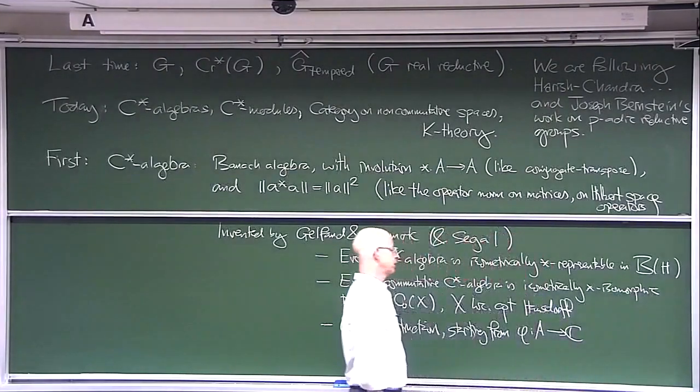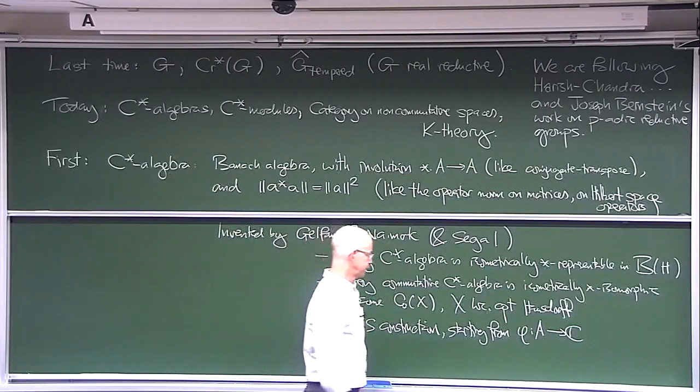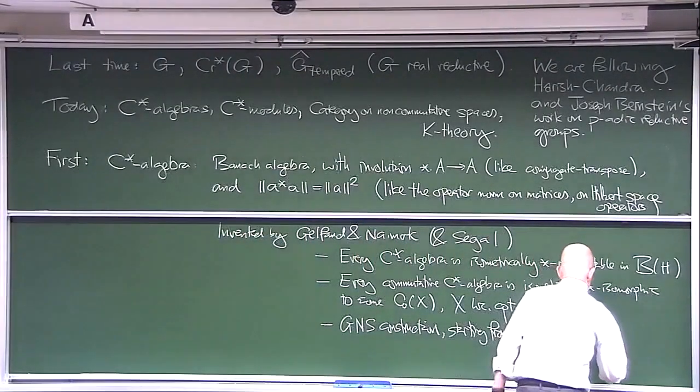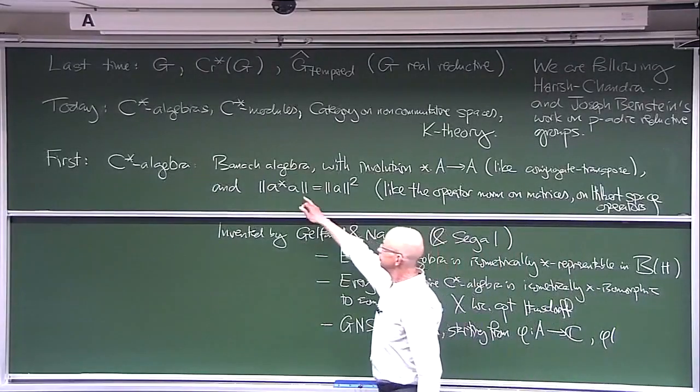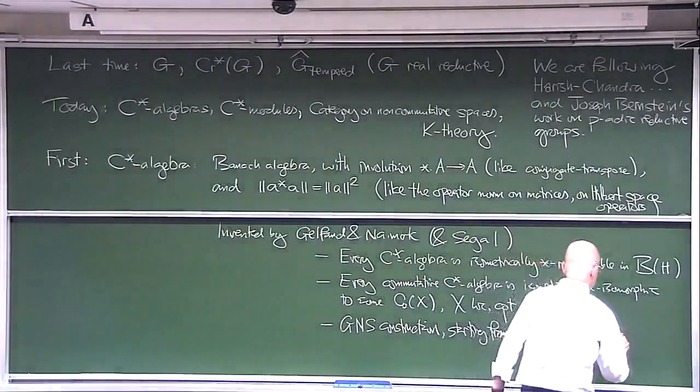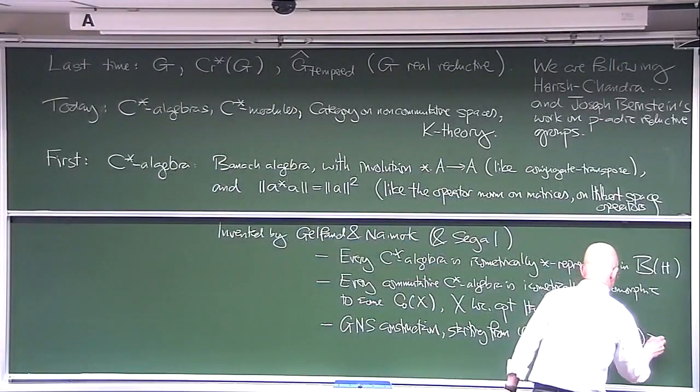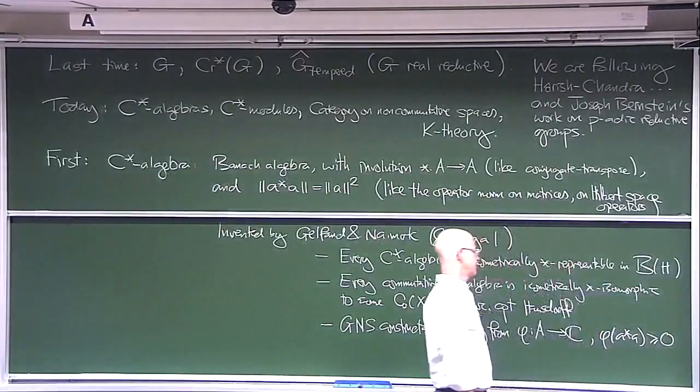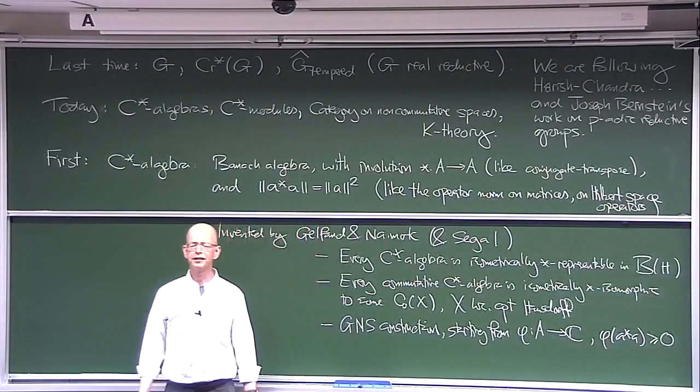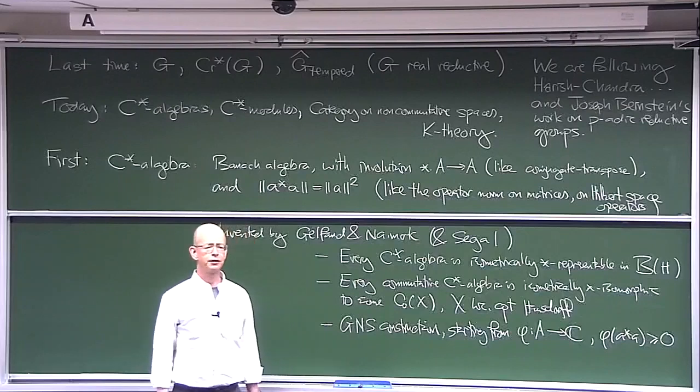You have a linear functional on a C-star algebra, and it's connected to this wonderful star structure in the following way: phi of A star A is always positive. You should think of A star A as being something like a positive semi-definite matrix.